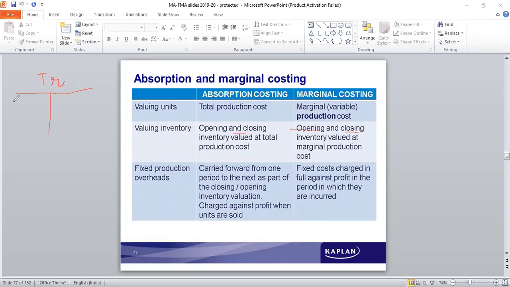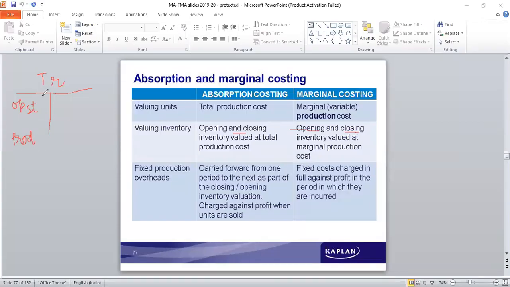We have opening stock. Then we have the details about production, all the costs incurred for production, like labor cost, rent, lighting, heating, coal, gas, water, fuel, whatever is incurred for producing. So that is the production part of it.